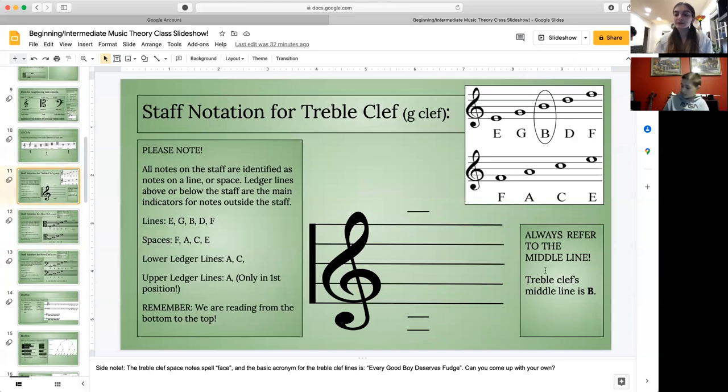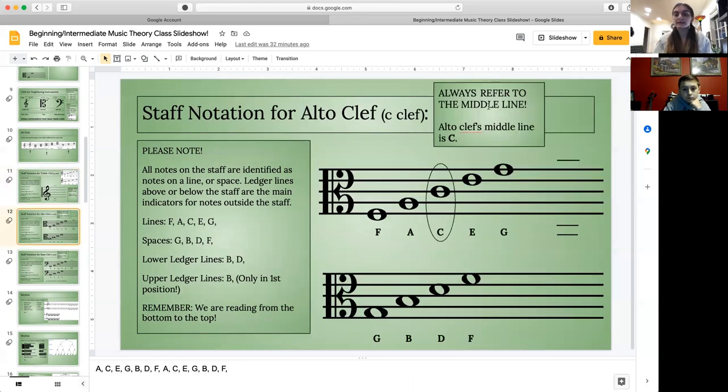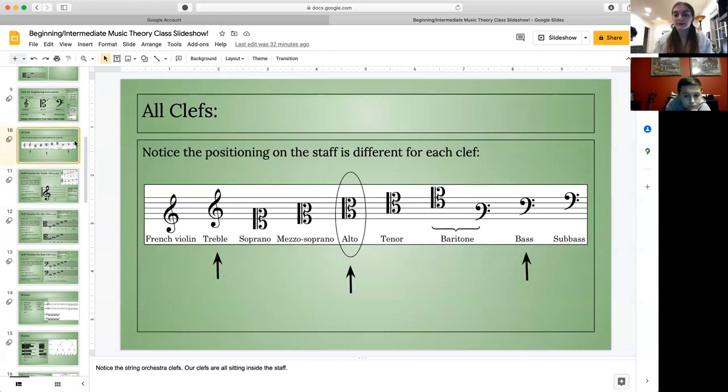From here, notice whenever you need to identify, always refer to the middle line of the staff. In treble clef, our middle line is B. In alto, our middle line is C. We already talked about earlier that alto clef, or a clef similar to alto clef, like another one we like to talk about, tenor, just because it's close by.